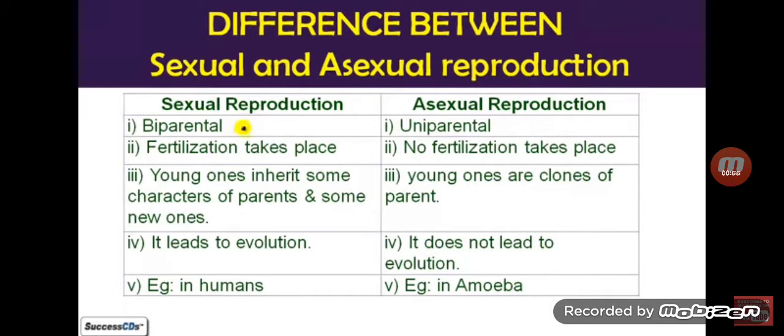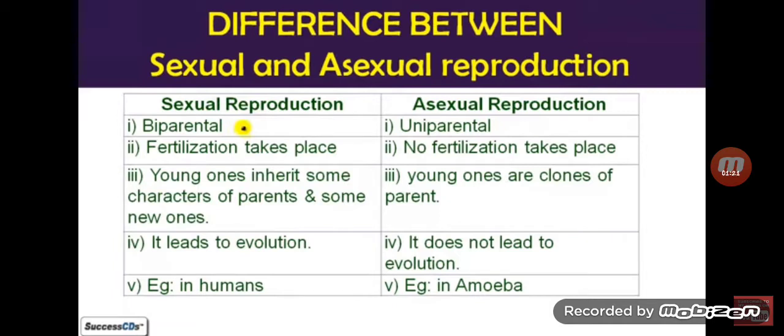Young ones inherit some characters of parents and some new ones. So there is a new variety of characters in the young one produced during sexual reproduction. Now, sexual reproduction leads to evolution. An example is that sexual reproduction occurs in humans.